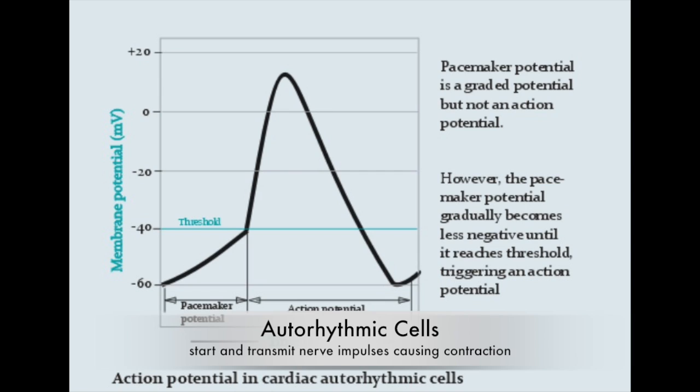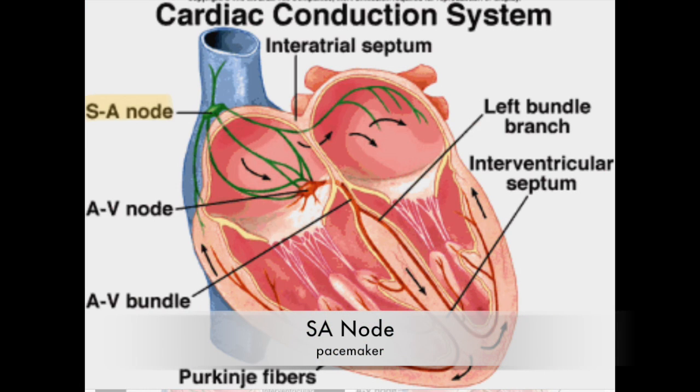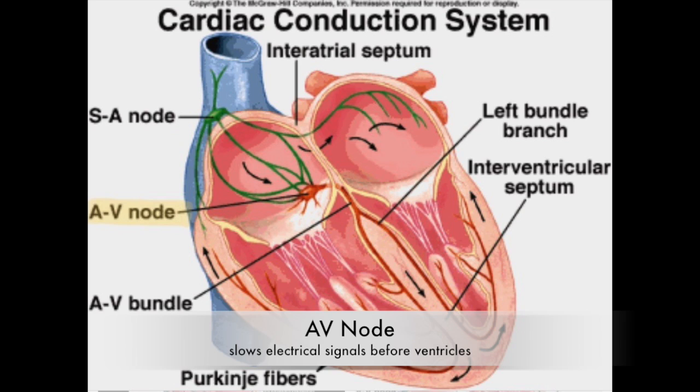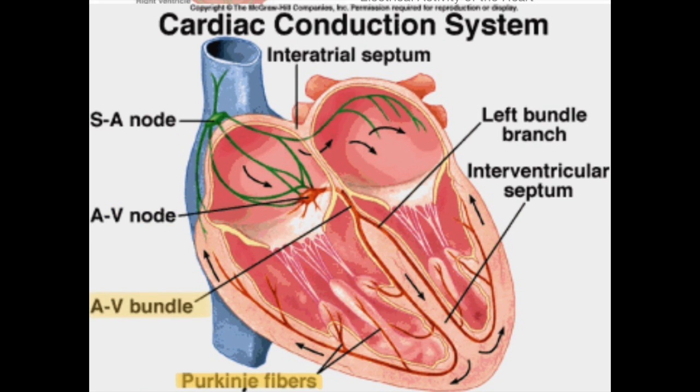Cardiac cells responsible for autorhythmic behavior are located in 4 areas of the heart. These areas include the sinoatrial node, SA node, the atrioventricular node, AV node, the bundle of His, and the Purkinje fibers.